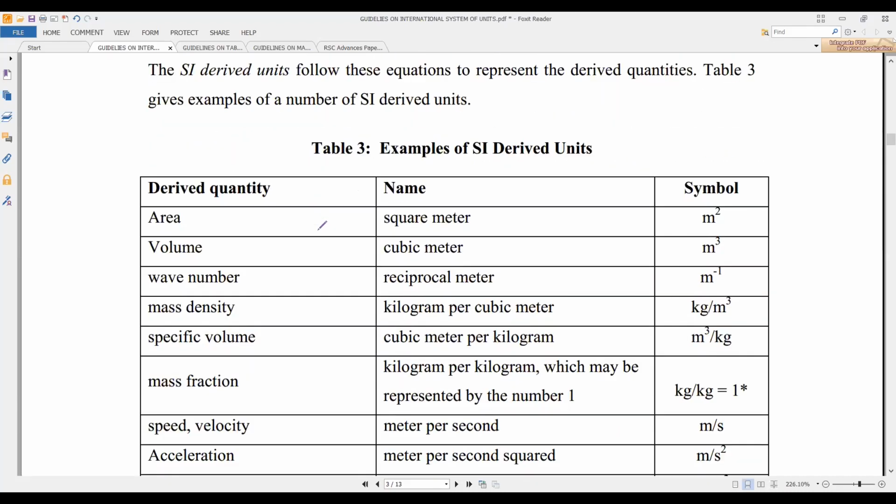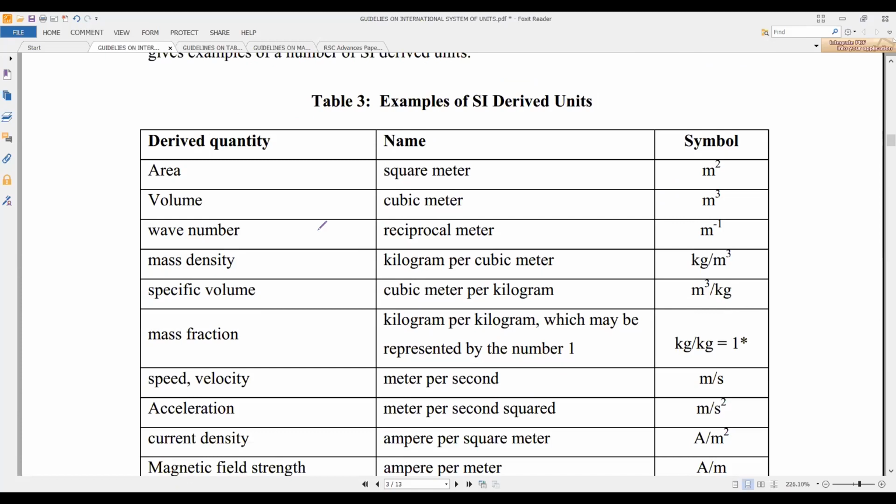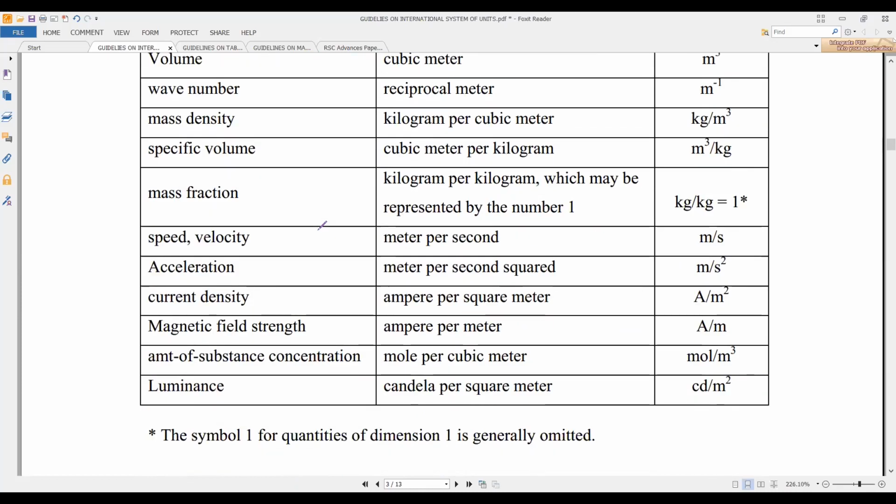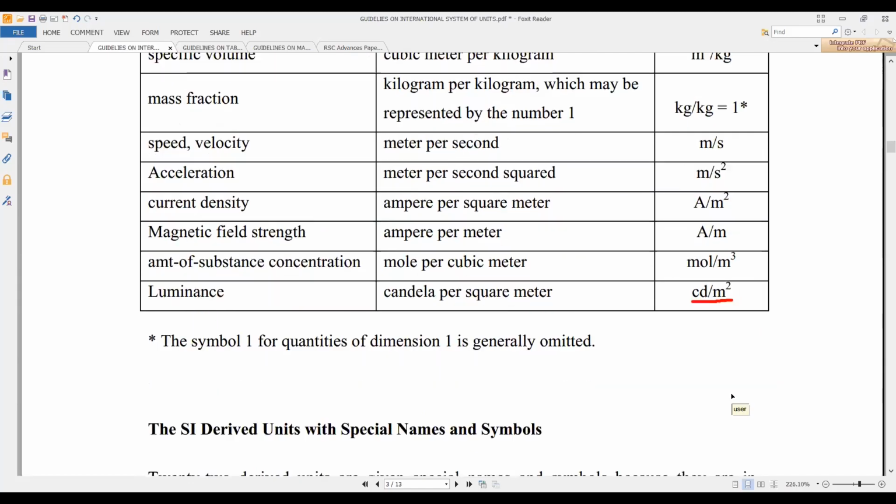Derived units. Yes, the units which can be derived from the base units, that is area, volume, wave number, and all other units, right? This is well known to us. Luminance, especially we measure in candela per meter square, that is cd per meter square.